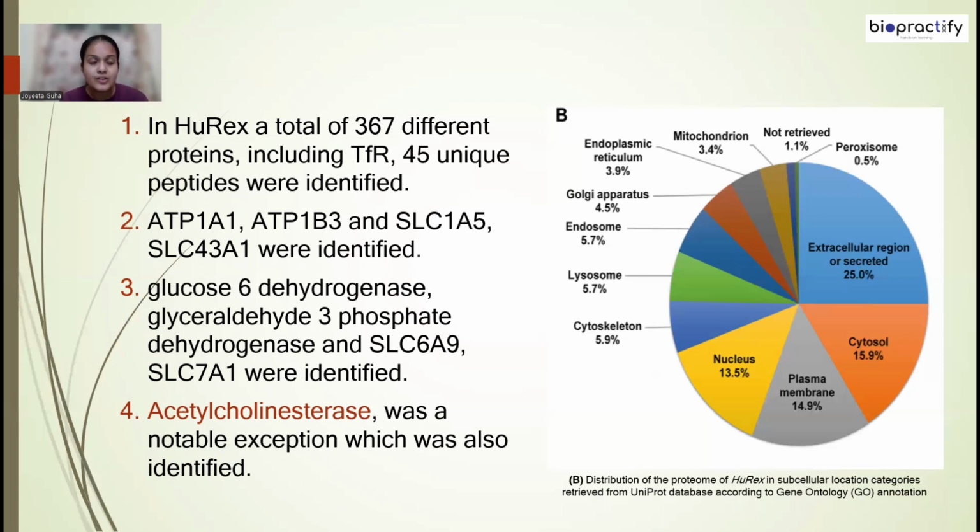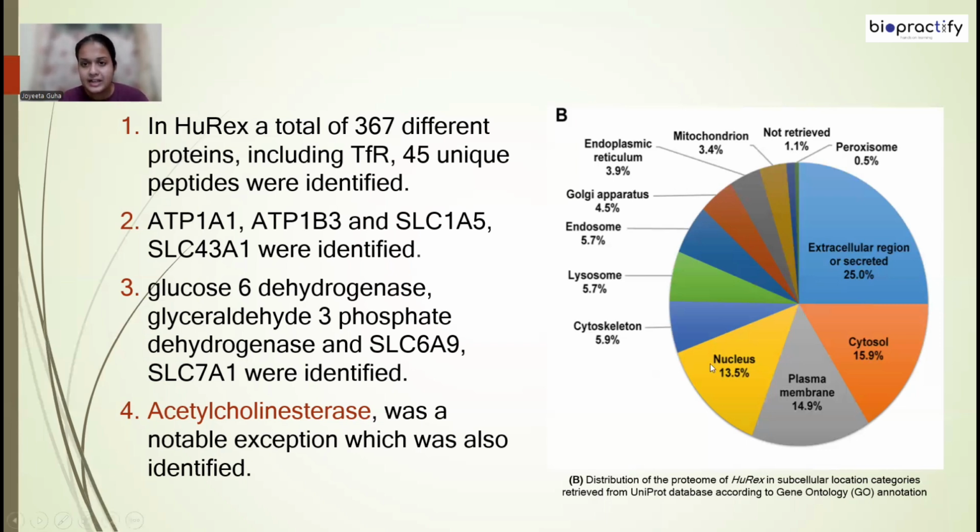So a large number of enzymes and transporters were identified through the proteomic analysis of these exosomes. Another very important chemical identified here was acetylcholinesterase, which was a notable exception here.